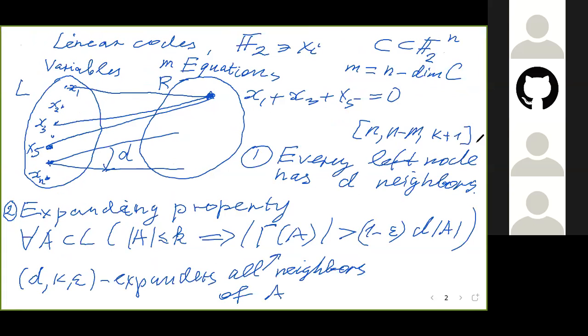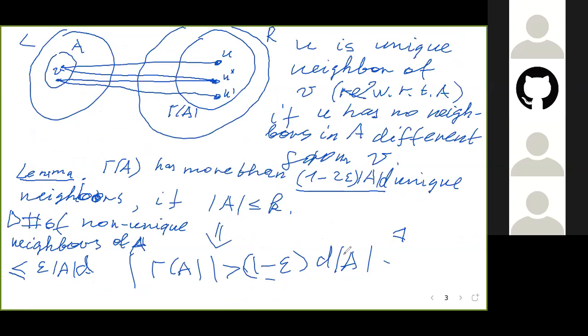Actually, if epsilon is very small, we can increase this, prove that the distance is larger than k plus 1 by some other arguments, but I will skip it, at least now. So this was the first thing I wanted to explain.